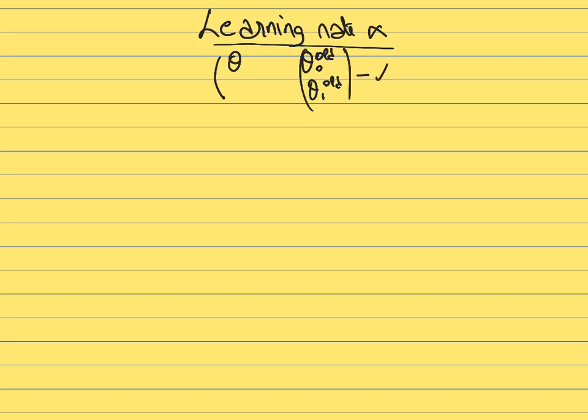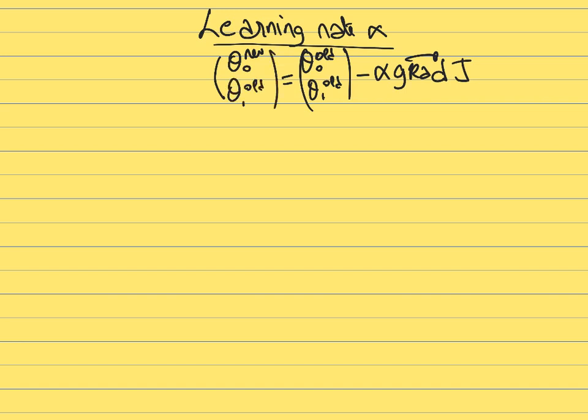This displacement is equal to minus alpha times the gradient of the cost function, and this gives you the new value for the coefficients theta naught and theta 1.